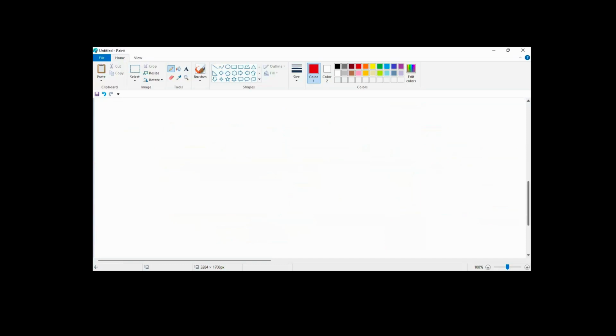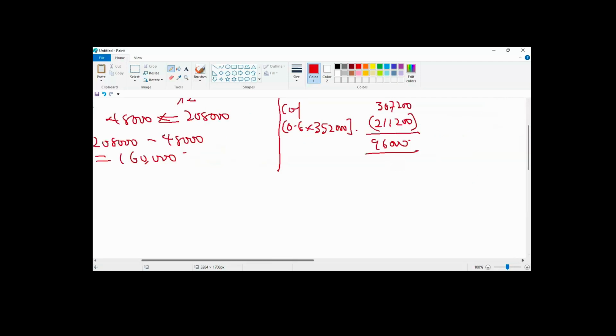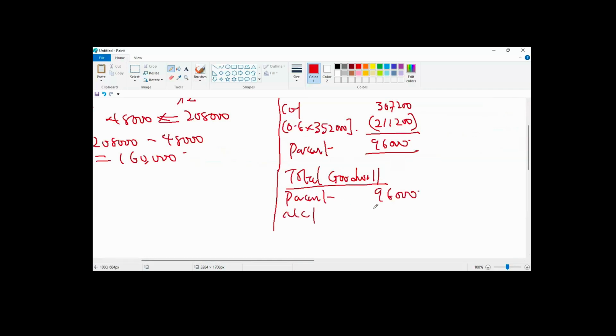Don't forget they've given me the NCI goodwill, so the total goodwill is the parent's plus that of the NCI. So 96,000 plus 48,000 gives 144,000.